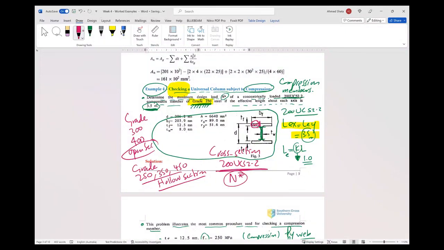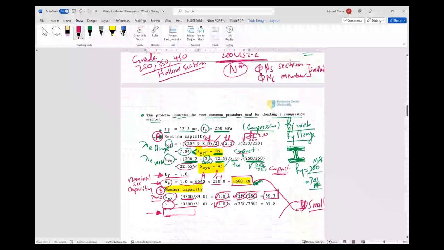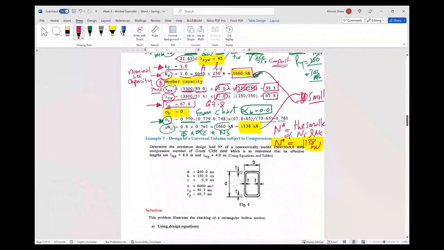So what you need to do is, using the equation, find phi Ns, which is section capacity, and phi Nc, which is member capacity, right? And N star will be the smallest of these two. Okay. Thank you. Yep, that makes sense. Okay, no worries. Thank you.